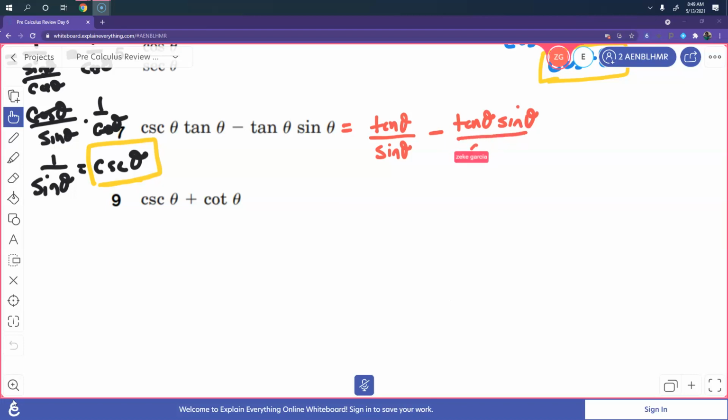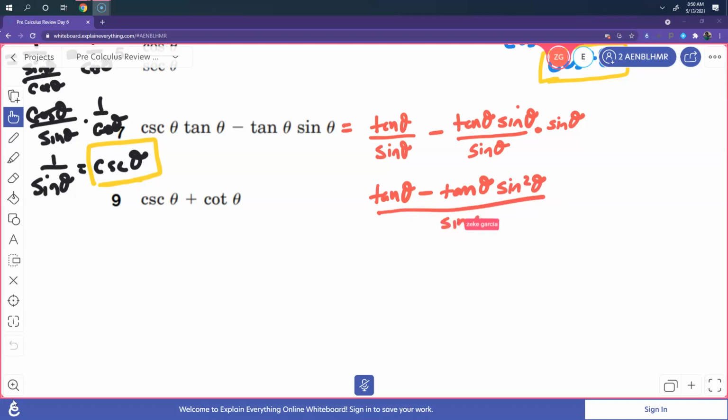So I'm going to say sine theta is my common denominator. So I'm going to multiply by sine theta. So I have tangent theta minus tangent theta sine squared theta, because sine times sine gives you sine squared, divided by sine theta.